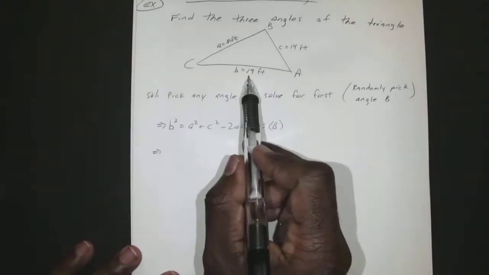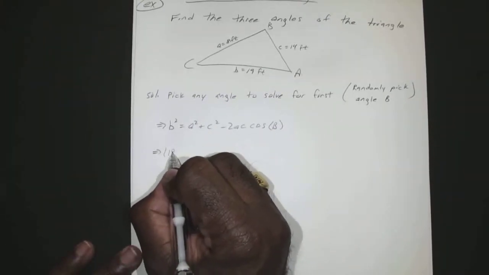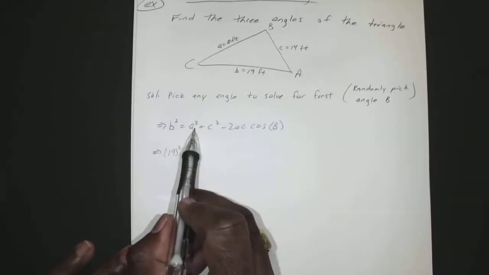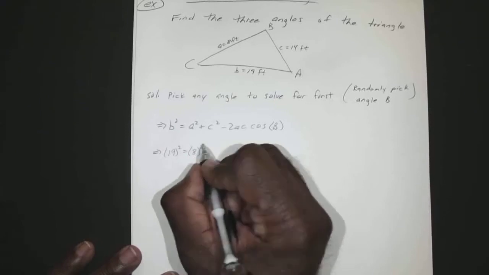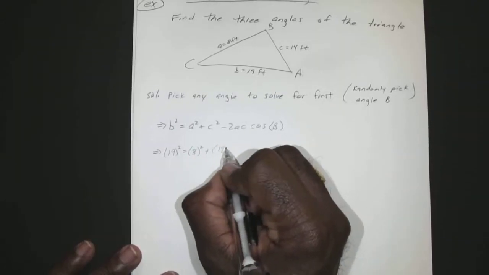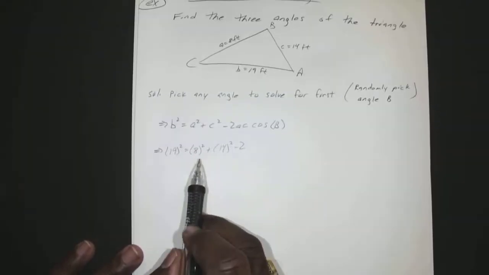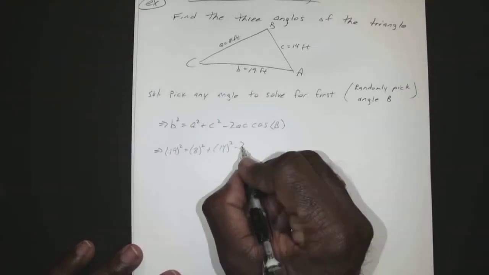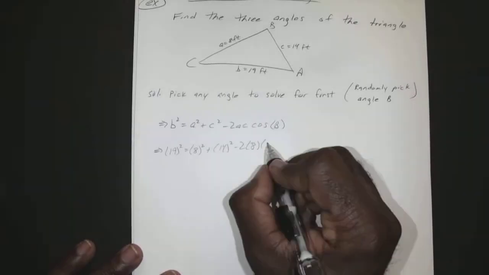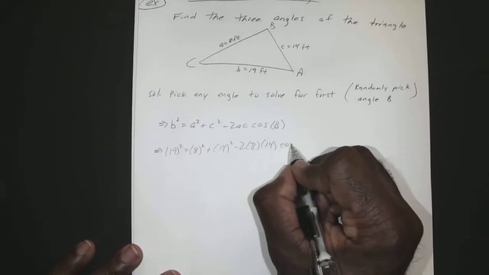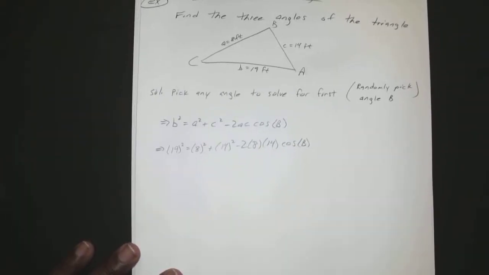So B squared is 19 squared equals A squared plus C squared minus 2 times A, which is 8, times C times cosine of B.